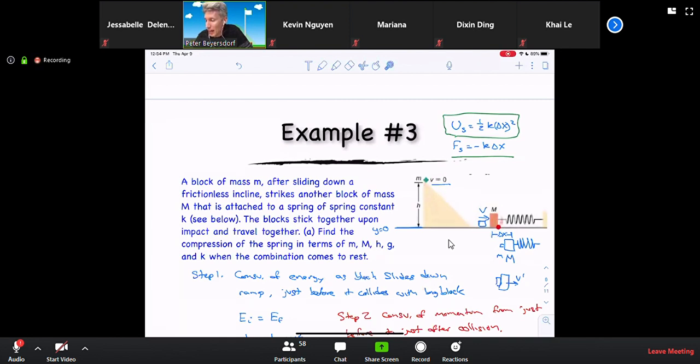When things collide, we can't use conservation of energy. But we can use it before the collision and after the collision. You did that in the homework, I think homework 8, and we did that here as well. Breaking up the problem into different intervals when different things are conserved can be helpful in working through the problem.